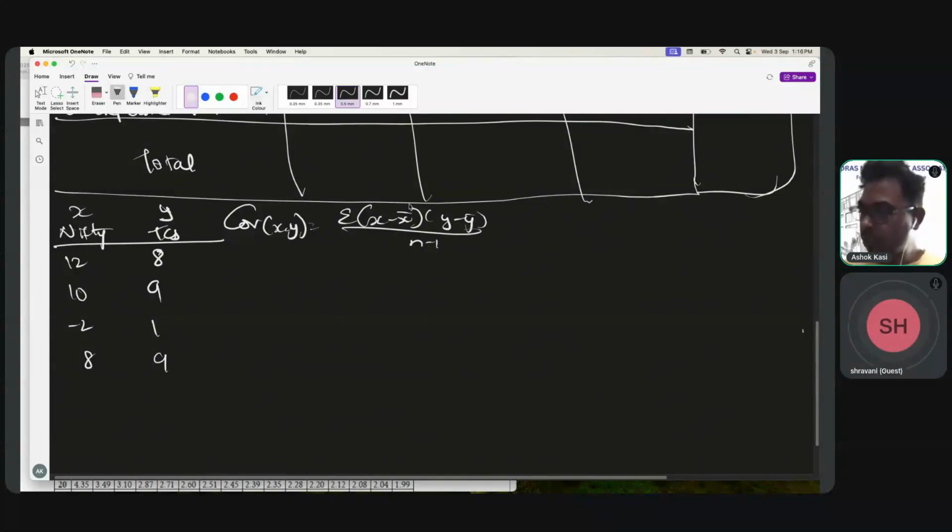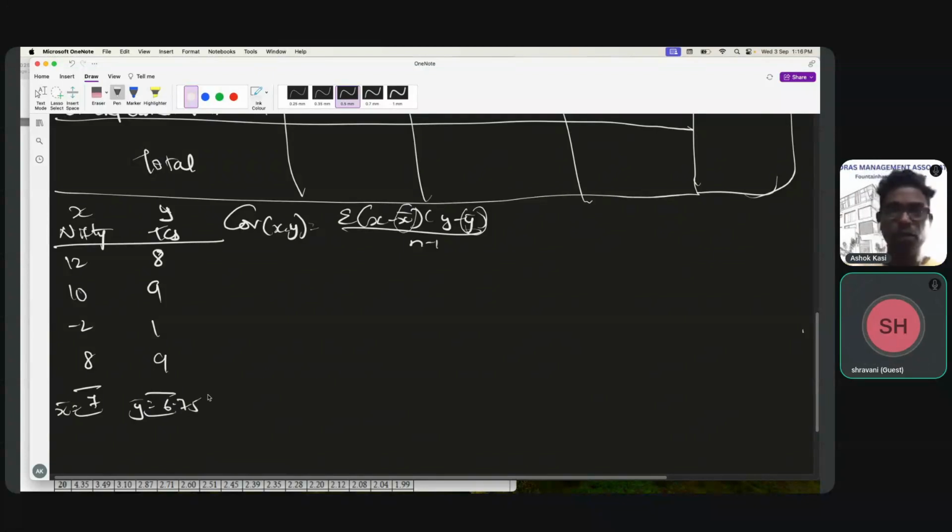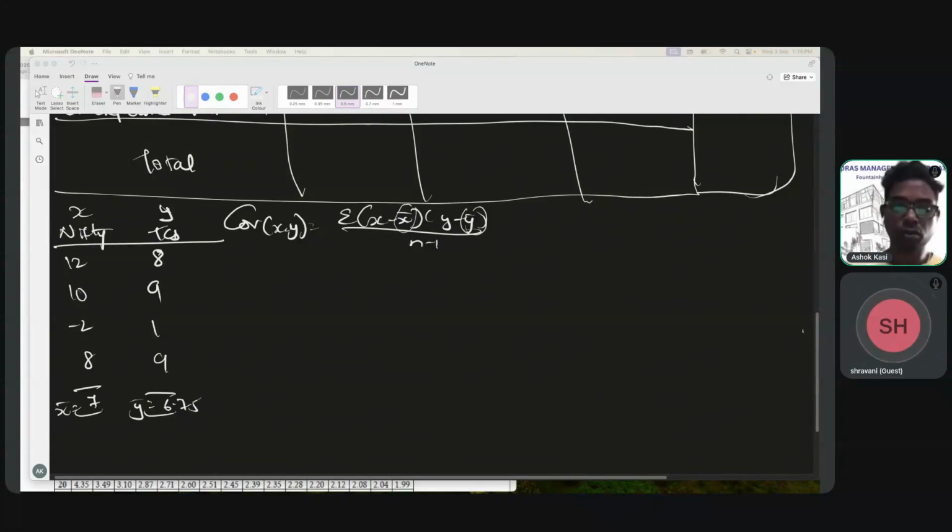So x bar and y bar we require. You calculate x bar and y bar now. X bar is 7, and y bar is 6.75. Now use the calculator method also, so that we don't go wrong anywhere.